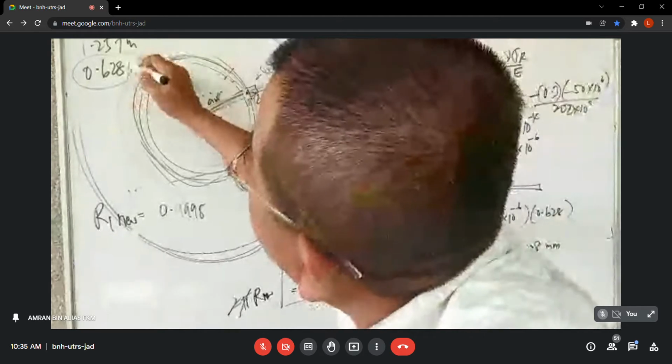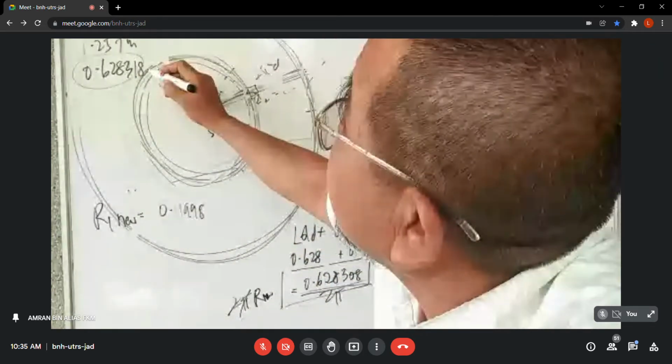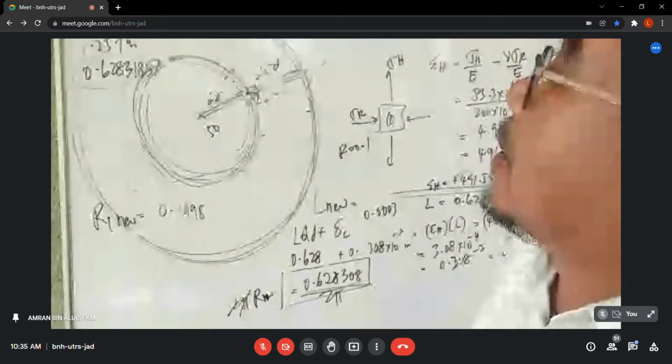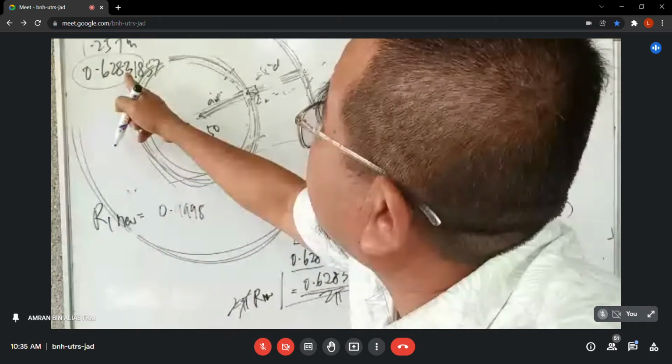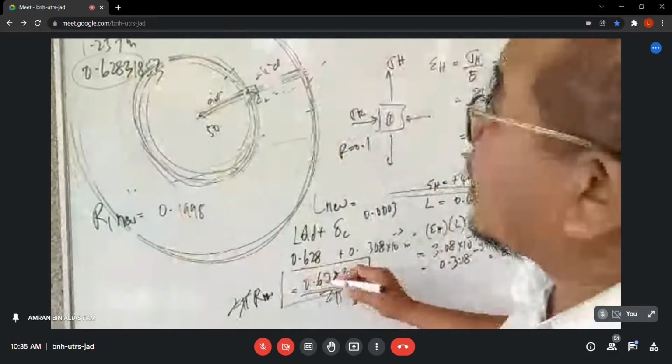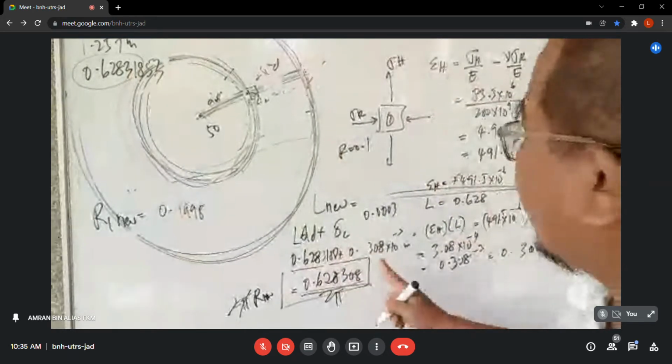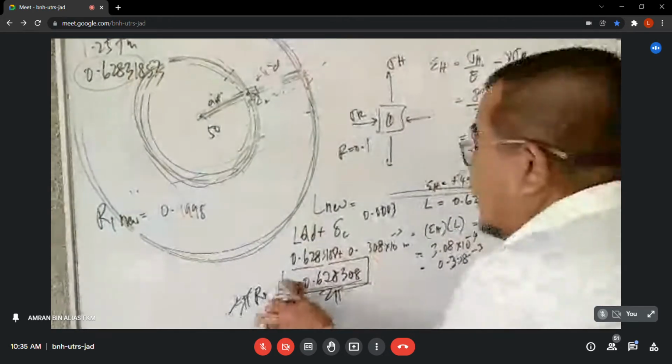0.628318. 53. 0.6283185 3. Put it back there, 0.62831853, and then plus this one. What do we have?